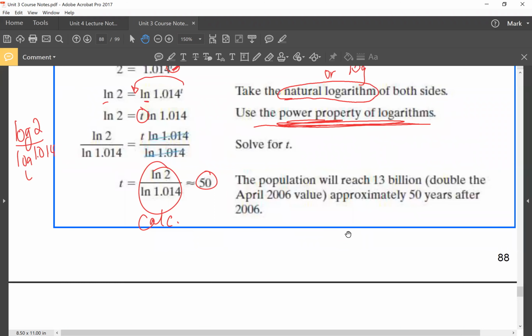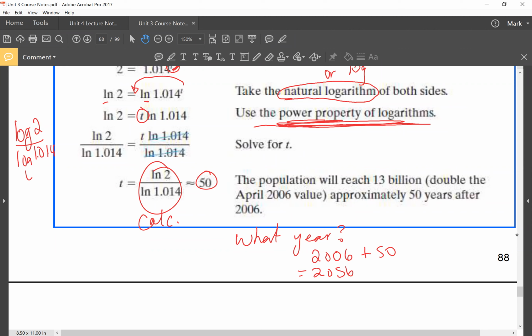But if the question said, what year would it be? Well, it's 50 years from the beginning of when we started. We started time equals 0 at 2006. So the year would be 2056. So be careful with the wording. It's not an English exam or a communications exam, but just be a little careful.